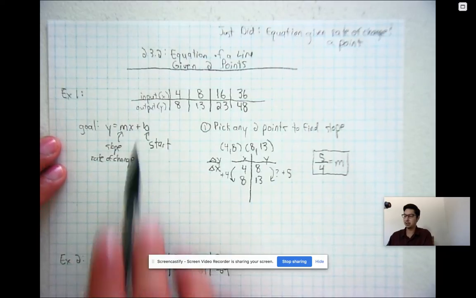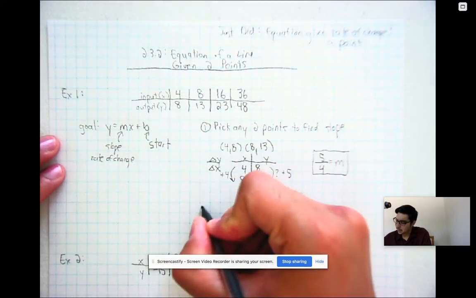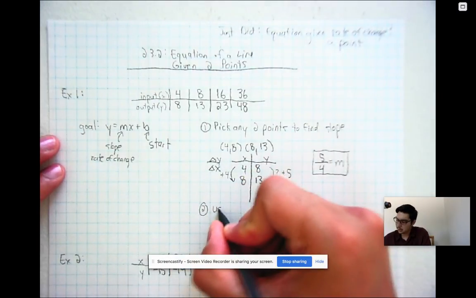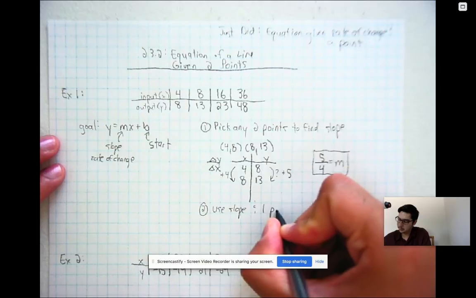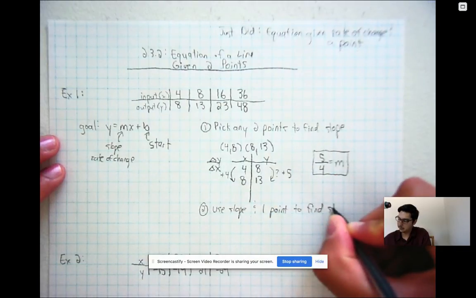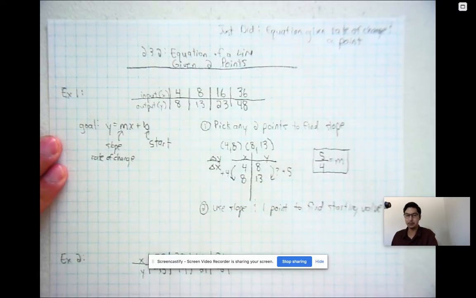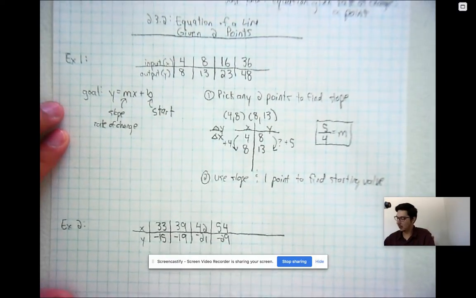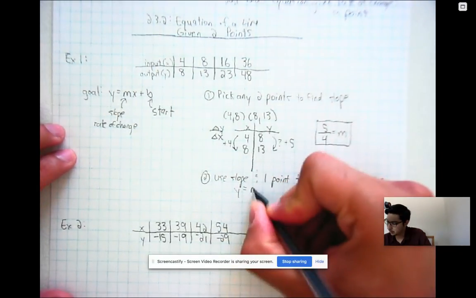Now, how do we get the starting value? Well, this is what we did yesterday: as a second step, you use the slope and 1 point to find the starting value. So here we go. Let's write the equation first, y equals mx plus b.